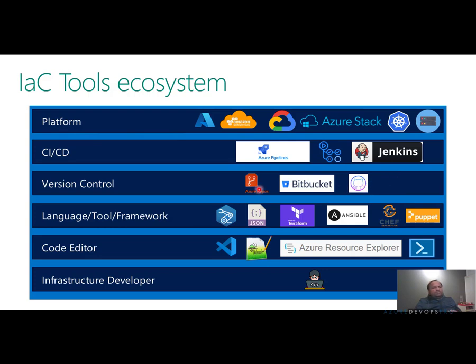Instead of GitHub, you can use Azure Repos or Bitbucket or any other provider for your version control. Similarly, if you are more into Terraform, you can use Terraform to define your infrastructure and follow the rest of the steps depending on that particular tool. These are the things we are going to explore in different sessions, and we'll get in-depth, very much specific to Azure Bicep and the Azure ecosystem.